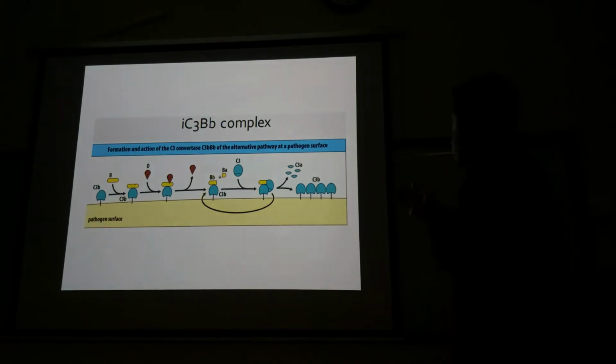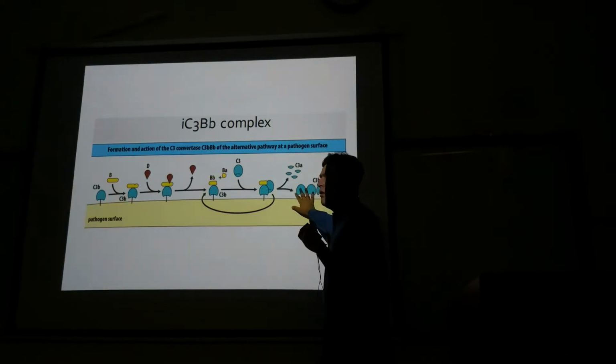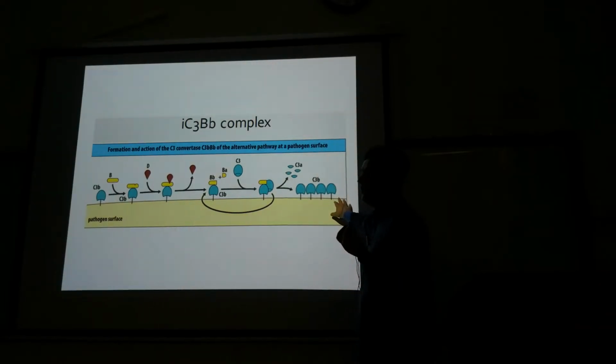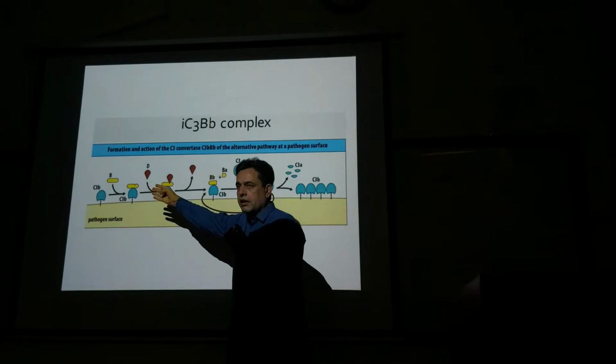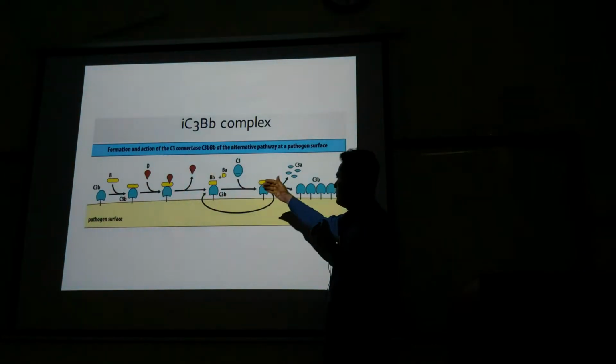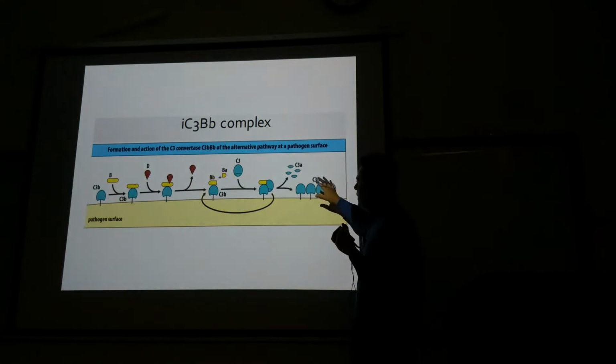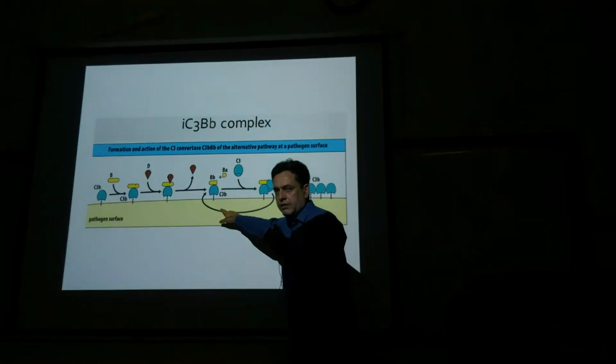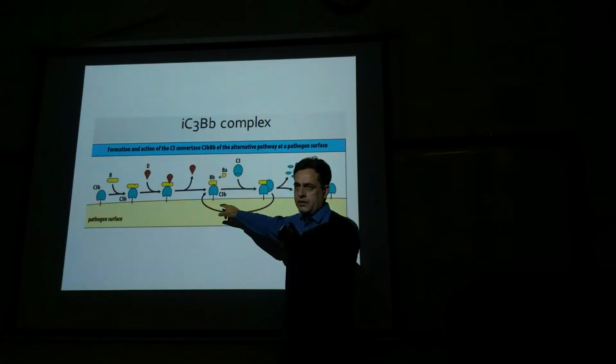Now these molecules which are fixed here on the surface of the pathogen can again engage a number of factor B molecules which would come here and make these C3b molecules into C3 convertases, okay?